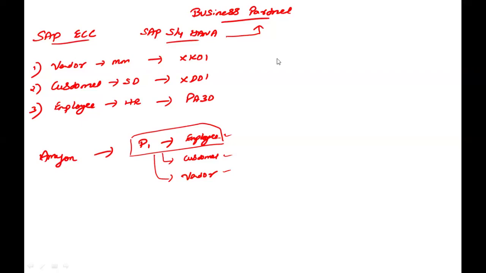So S4 HANA introduced a concept called business partner, where we can create all these three things in a single roof. It can be a legal entity, and it can also be an organization.